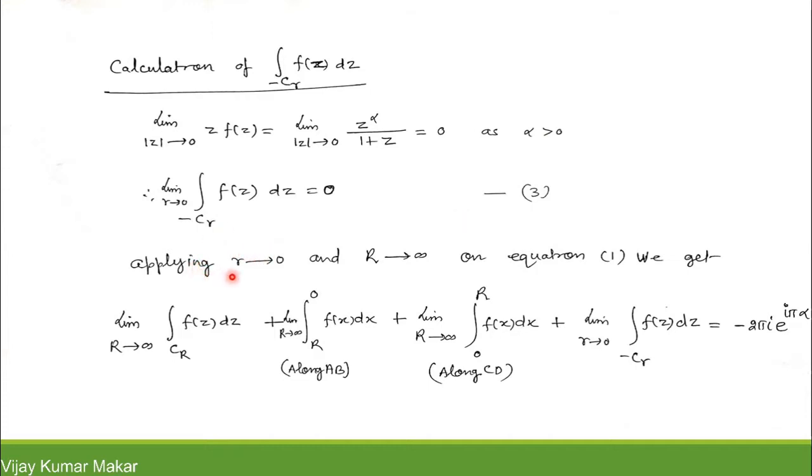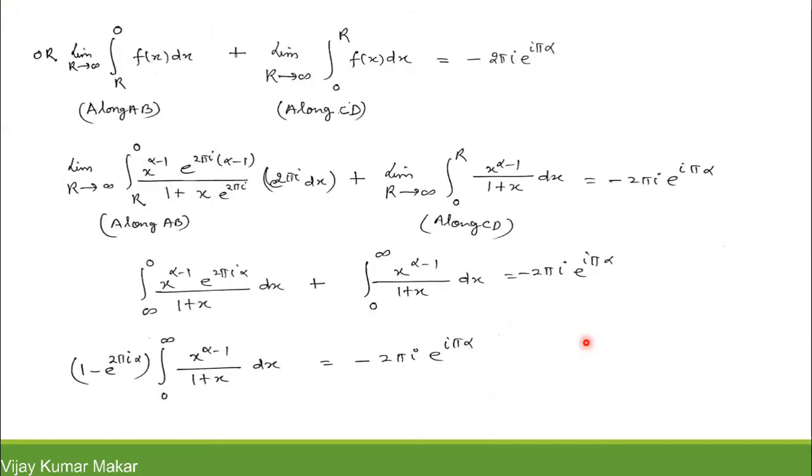Now we apply both limits, small r tends to 0 and capital R tends to infinity, on equation first. We get the limit R tends to infinity of the integral over C_R of f(z) dz, and small r tends to 0 of the integral over the small circle of f(z) dz. The first and last integrations become 0.